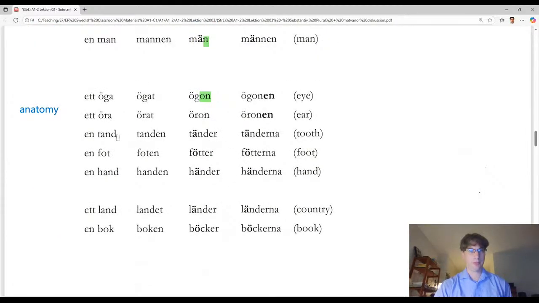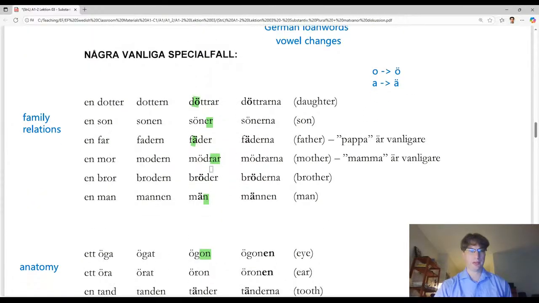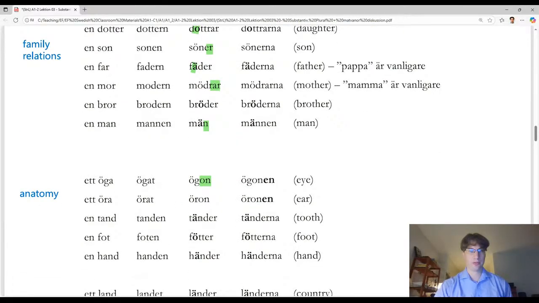And for a tand, you do get the vowel change because you have the A that turns into an Ä. Många tänder, right? And fot, an O becomes Ö, so många fötter. Again with the Ä here, and hand, många händer.